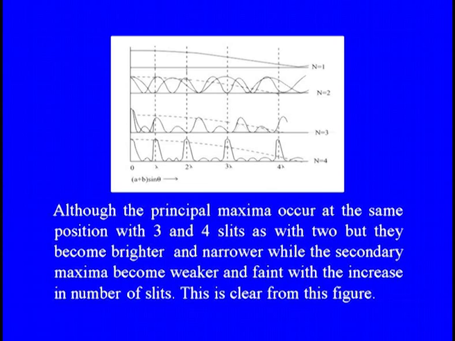The extension to a very large number of slits, as in an actual grating, say 15,000 lines per inch, the maxima become very narrow and of sharp intensity, while the secondary maxima are of negligible intensity, invisible in the pattern.